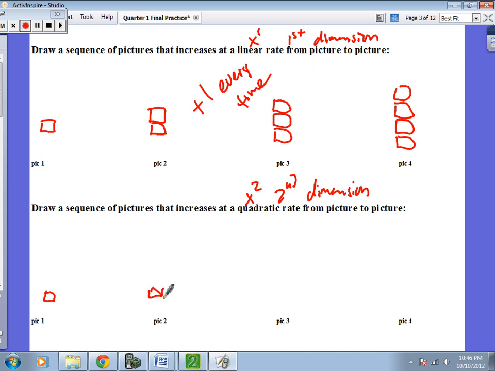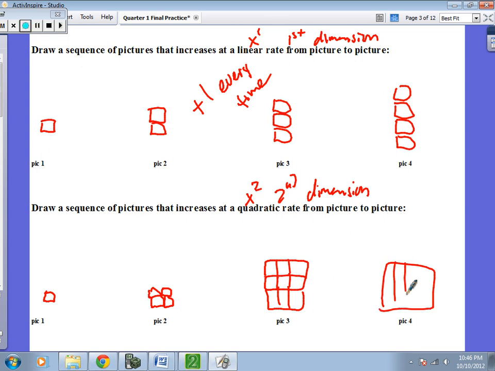Picture 2, picture 3, picture 4, kind of messy, but that's just 4 squared, that's 3 squared, that's 2 squared, that's 1 squared. So that's what they would look like. And the second dimension is changing in height and base, so it's changing 2 dimensions.